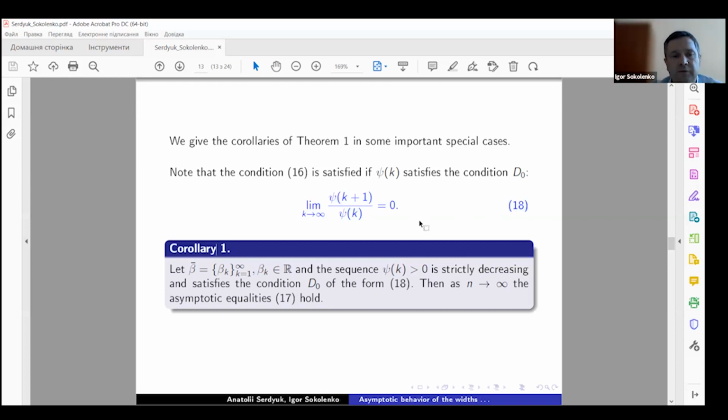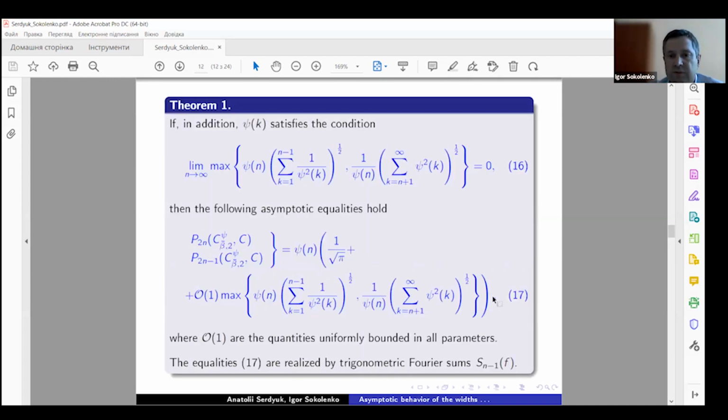Corollary 1. Let beta be a sequence of real numbers, and the sequence psi(k) be strictly decreasing and satisfy the D'Alembert condition D_0 of form 18. Then, as n tends to infinity, the asymptotic equalities 17 hold.